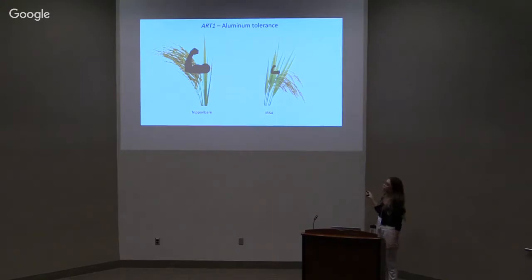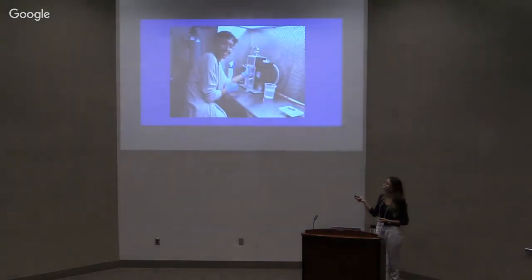And then IR64 is sensitive to aluminum, so we want to provide that allelic swap. Does our method actually work? Can we cut out the single-stranded DNA template, provide it to the repair enzymes, and get it incorporated into the genome of the Nipponbare cultivar, so that we can see a sensitivity phenotype?